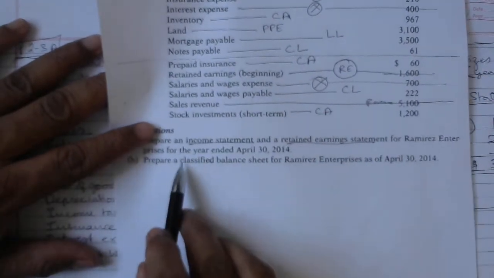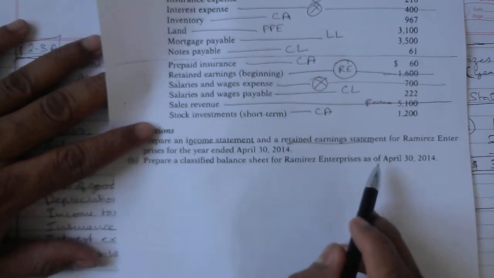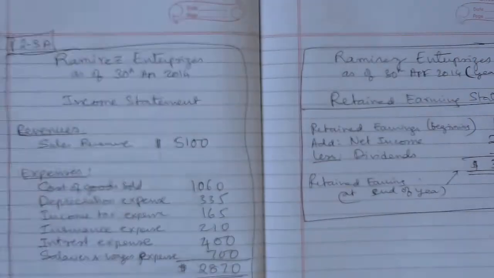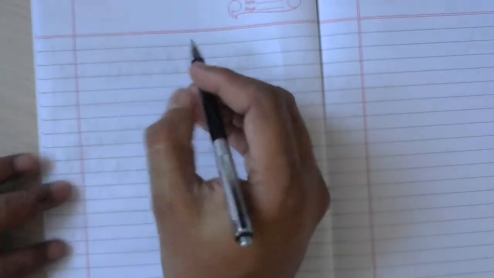Next we have to prepare a classified balance sheet for Ramirez Enterprises as of April 30. Let's do the classified balance sheet. If you've seen my previous videos by now, you know what is the meaning of that.